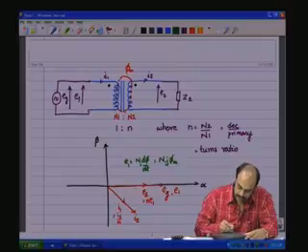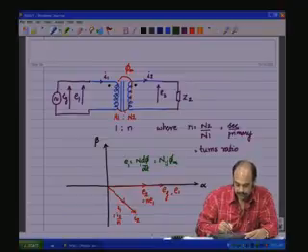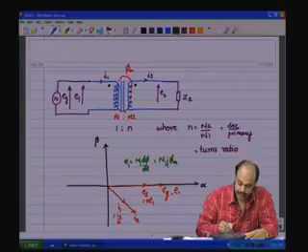So, either E1 or E2 one could take, and we know that they are in phase and they are along the alpha axis. Now, phi m lags E1 by 90 degrees because of the j operator.